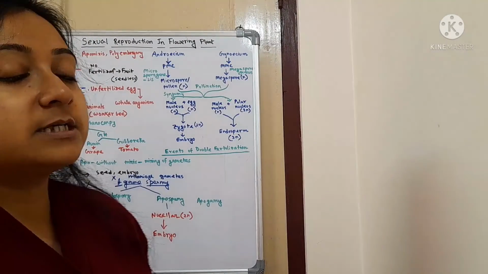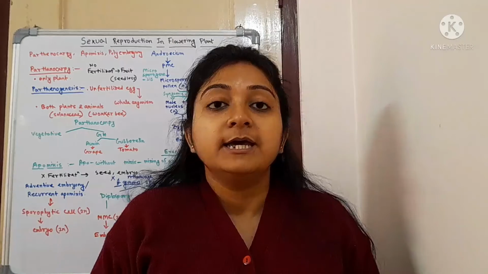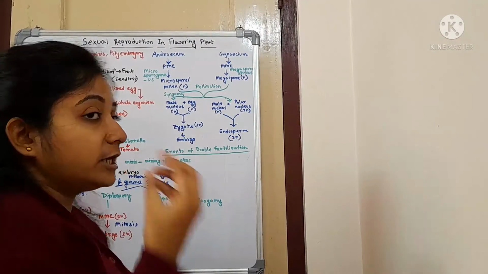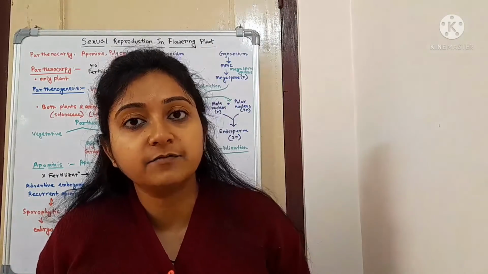The nucellar cells can protrude inside the embryo sac and be converted into embryos, and in that way more than one embryo can be formed. In some other cases, like onion, the antipodal cells and synergids can be converted into embryos, and in that way the polyembryonic condition can happen.